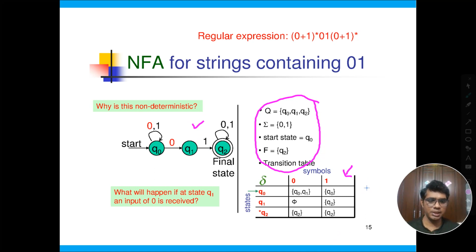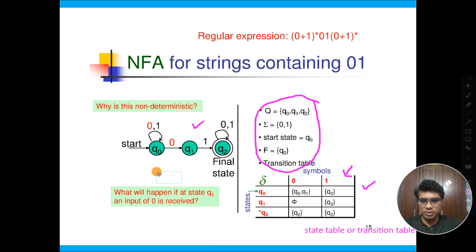We can call this a state table or transition table because overall it represents the transitions of the states. Transition means moving from one place to another place.